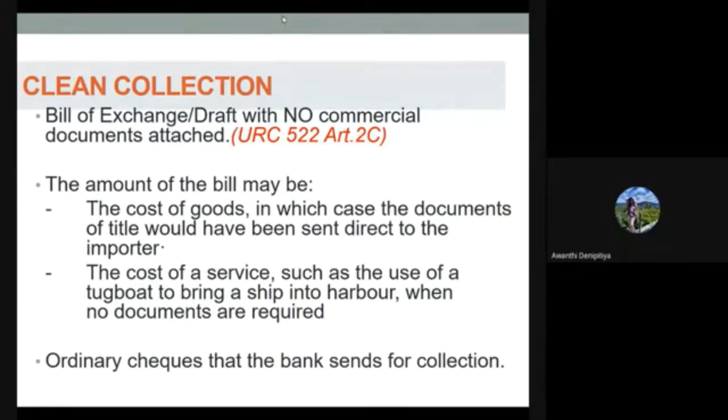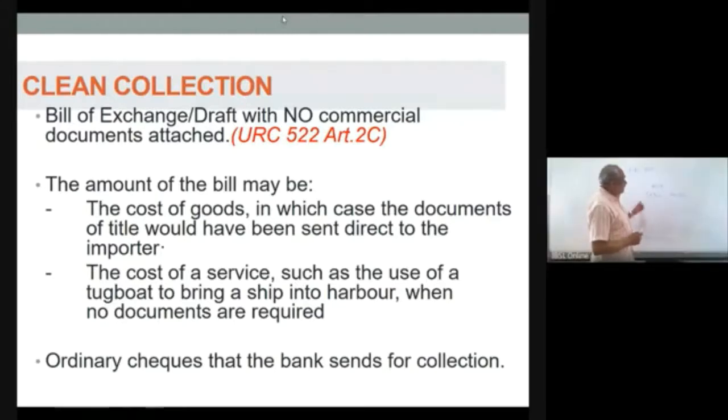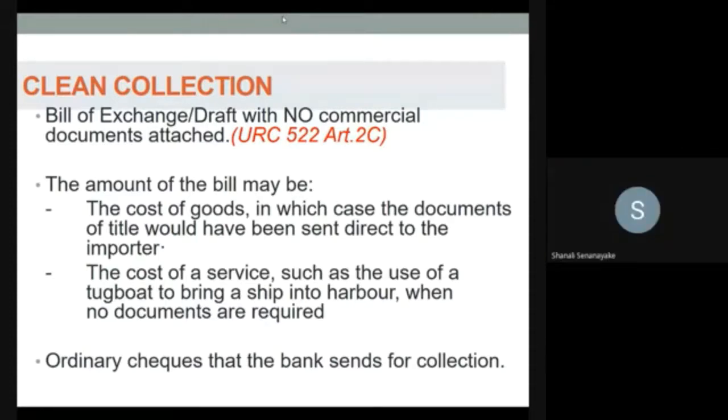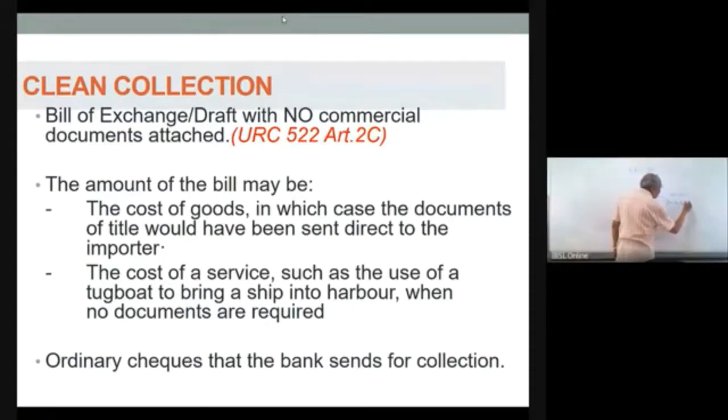We send it to the relevant bank through our department. We are sending this check for collection. We have to collect this money, so for collection, we are sending this check to New York.